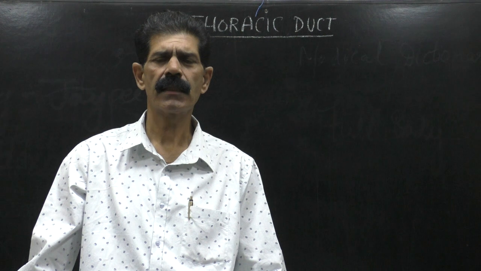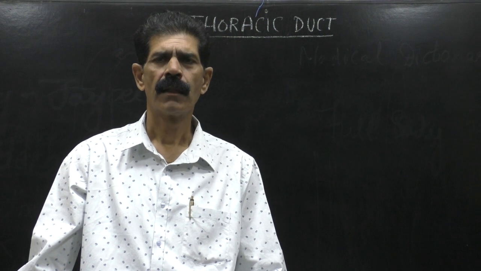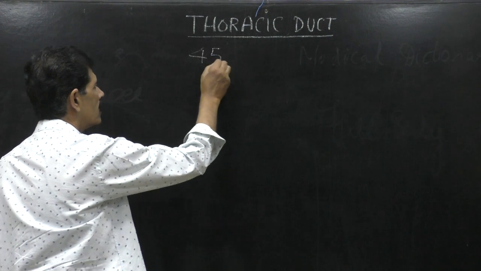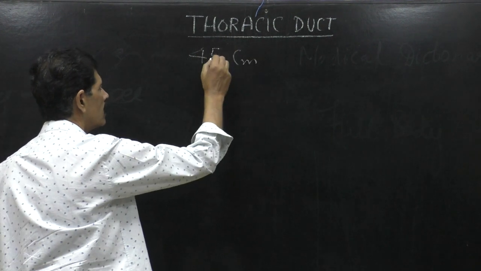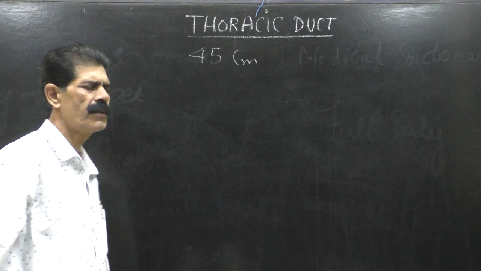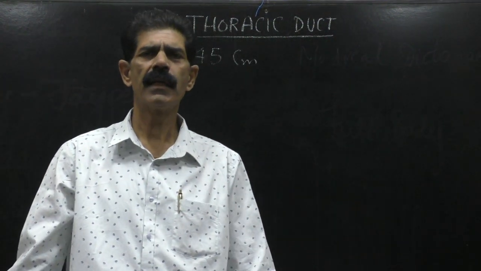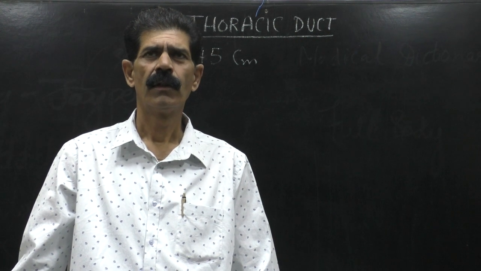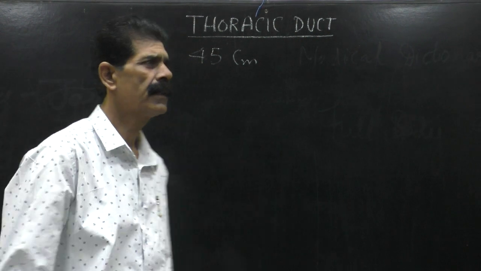So this thoracic duct is 45 centimeter long, and it contains a milky fluid, that is the lymph, and this lymph is called the chyle.